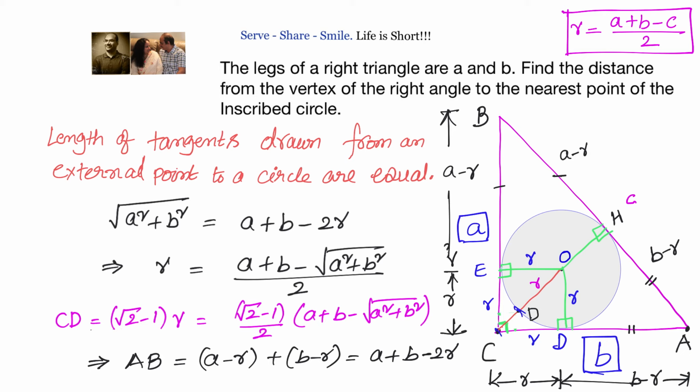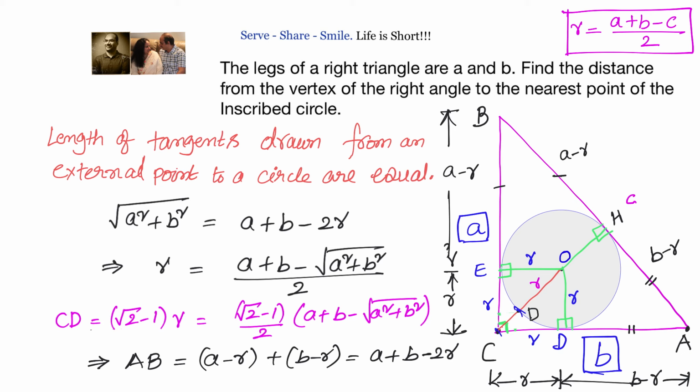Now in this problem we have to find the distance from the vertex of the right angle to the nearest point of the inscribed circle, that is CD. CD is OC minus OD. OC is root 2 R because it's a diagonal of the square, and OD is R. So CD is root 2 minus 1 into R. R is A plus B minus C by 2.